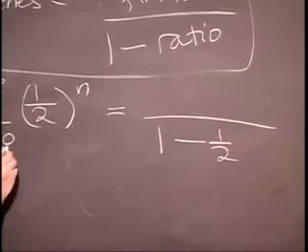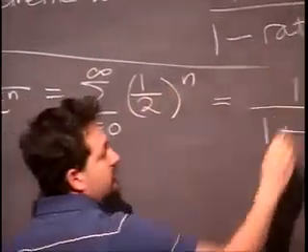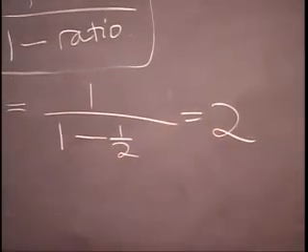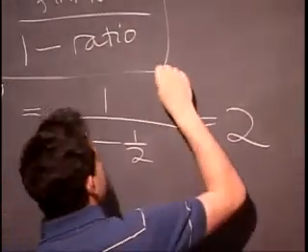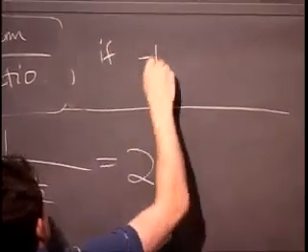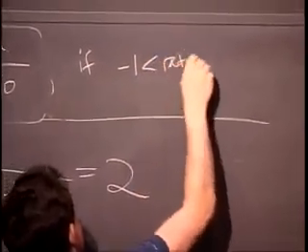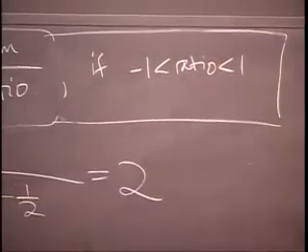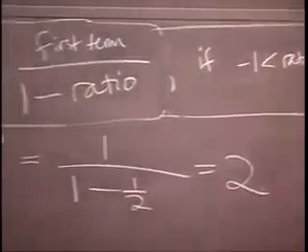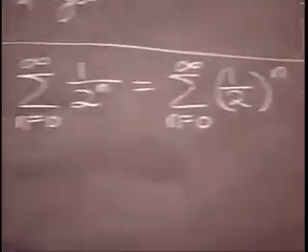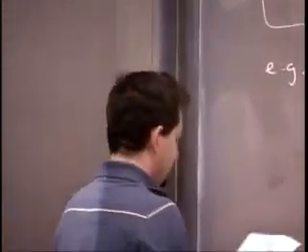We'll just plug in n equals 0, and you get the first term of 1. And so, hey, that limit is 2. Now, one thing I missed out up here that I should add is that the ratio must be between -1 and 1. Otherwise, it diverges, as I've said. In this case, the ratio is 1/2, which is between -1 and 1. Excellent. Okay, so that's a pretty simple example.